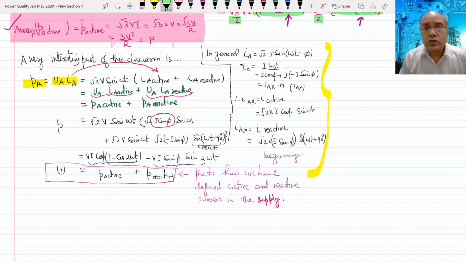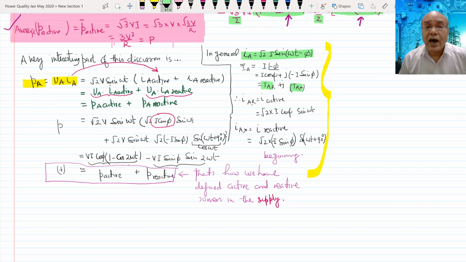Okay, so in general you may have this kind of expression, which we can resolve into the real and imaginary part. So in phasor we can denote this by I angle of minus phi, so it becomes I cos phi plus j minus I sin phi, where the first is the real part and the second becomes the imaginary part.